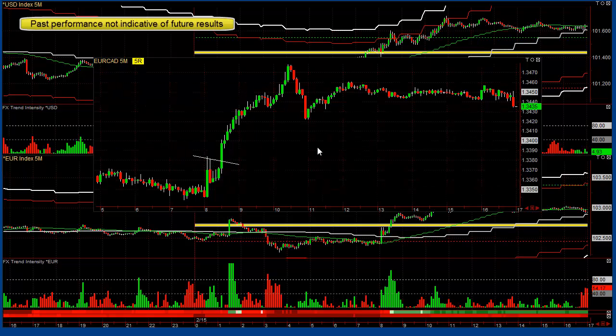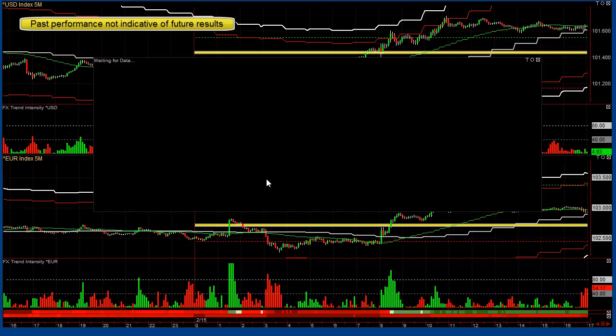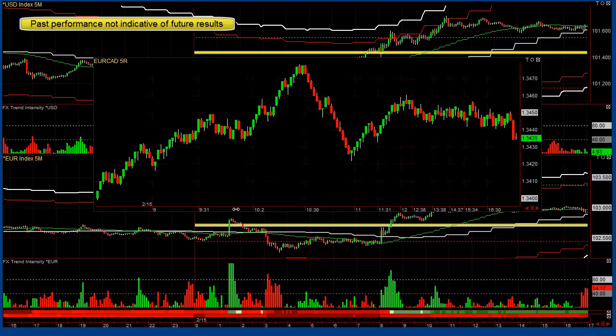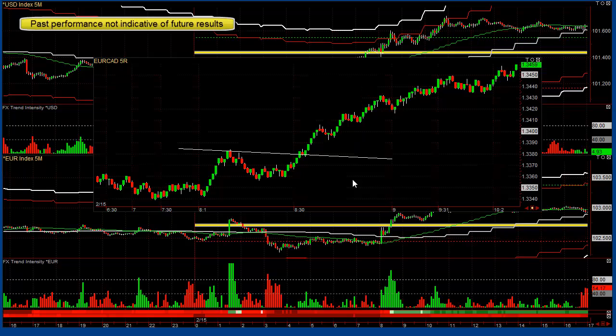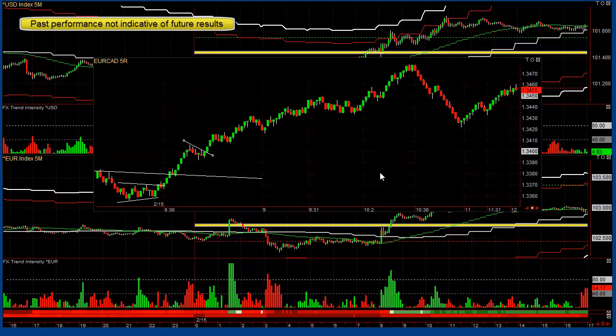Or if you go to a 5R chart, you're going to find an even higher probability entry a little bit after 8. In fact, you see this? With this chart, you can actually have gotten in right around 8:30 when it's going sideways. Anytime you see an up, down, up, down, up, down type rectangle pattern, you can get in 10 pips earlier and basically you make 10 extra pips, and you have a nice little entry here right after the initial breakout, and then you want to wait for a little bit more of a pullback.